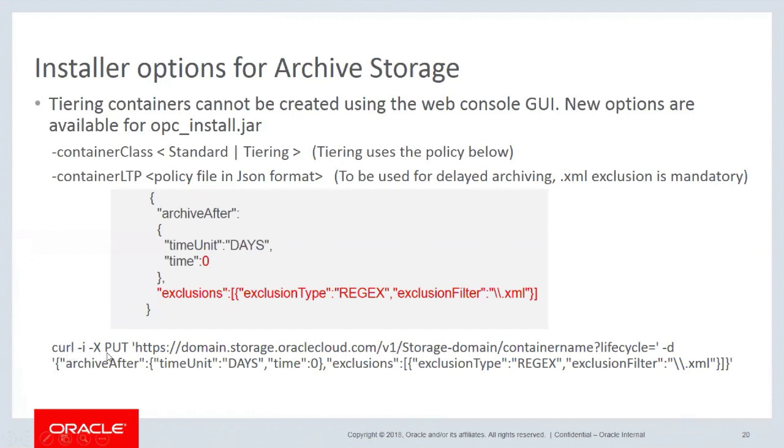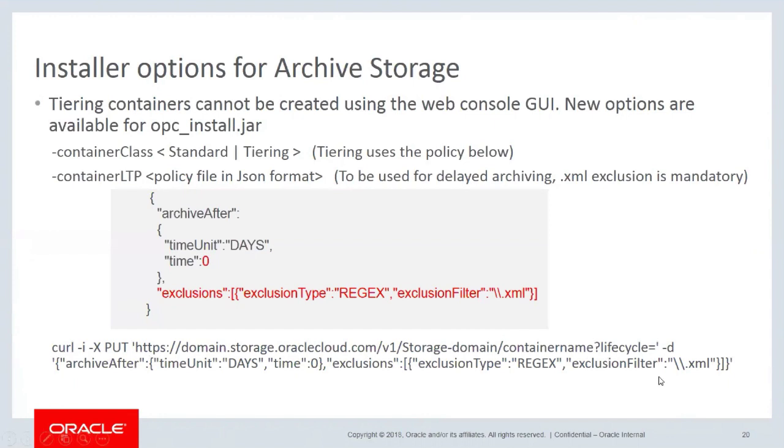That's one option you can use. Using this example, we are creating a tiering container with this policy. Just use time 7 here instead of 0. And that's all you need.